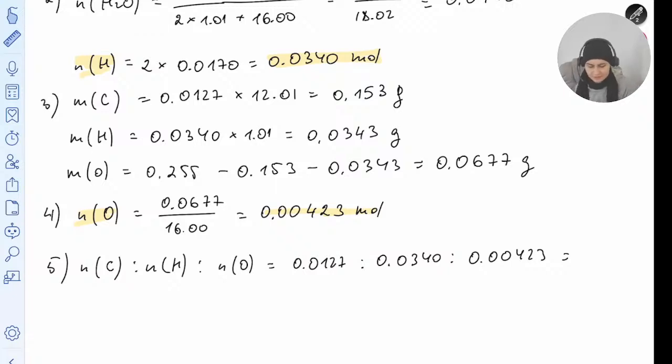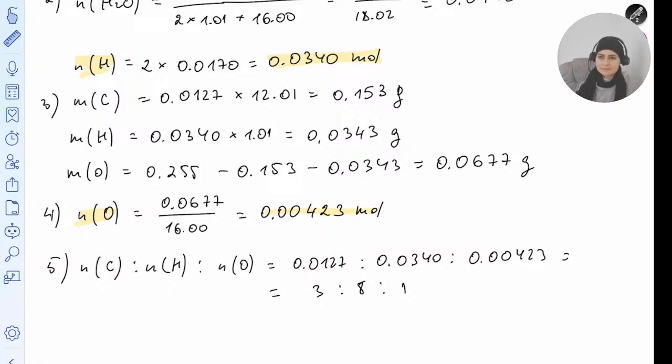Okay, so I'm dividing all the numbers by the smallest, so by this one. 0.0127 over that. Okay, yes, it's 3. Whole number. Whole numbers, we like whole numbers, right? 3. 0.034 over 0.00423 is 8. And this is 1. Yay.